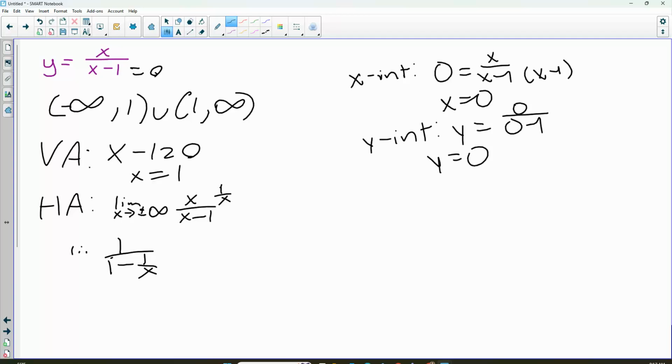Which comes out to 1 over 1 minus 0, which would just be 1. So our horizontal asymptote is y equals 1.